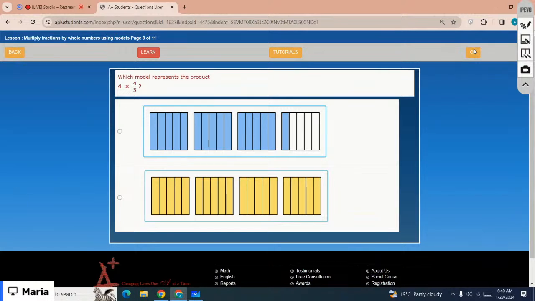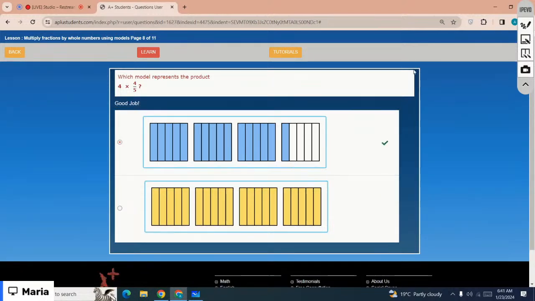Which is the correct option? Yes, option number 1 is the correct option, right?